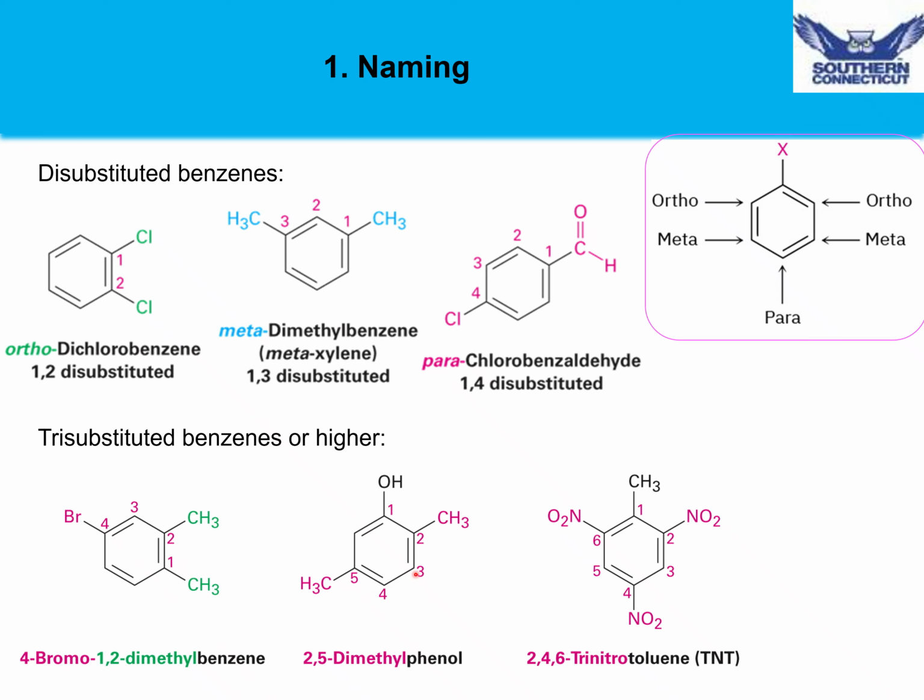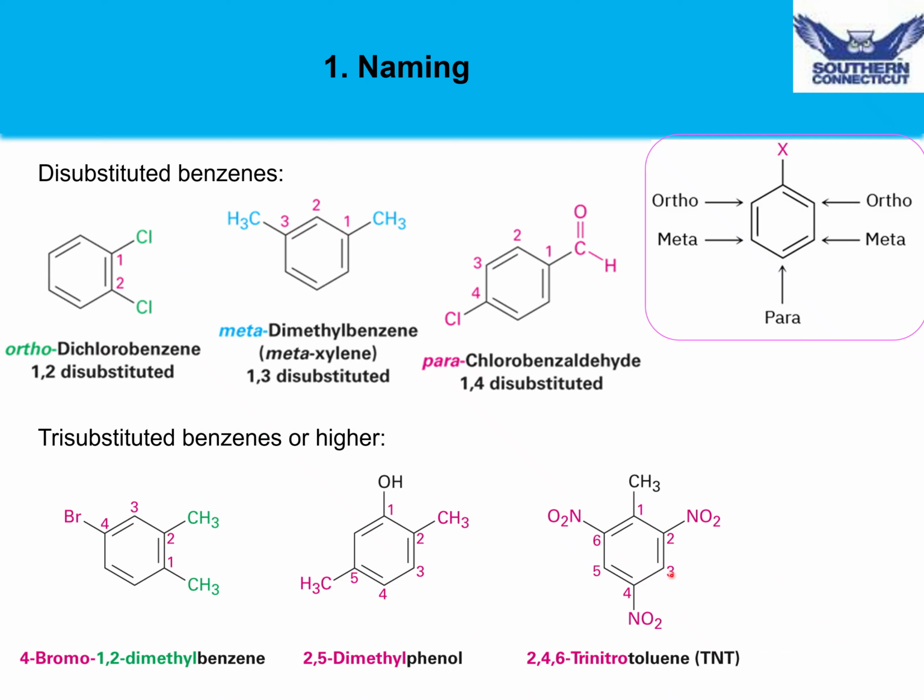The next example has a hydroxyl group on benzene, so this is named as a phenol, and it has two methyl groups on the phenol. One is right next to the hydroxyl group on carbon 2, and then the other one is on carbon 5, so this is named as 2,5-dimethylphenol.